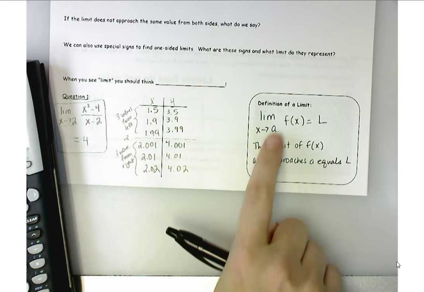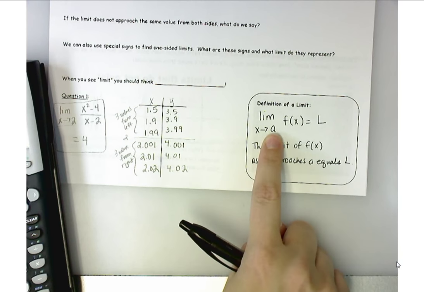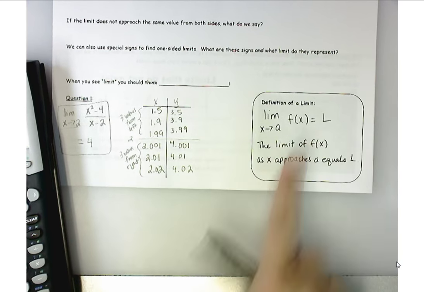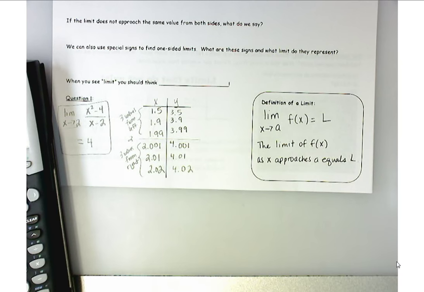Okay, so a is going to be just different values, and then the L is going to be your limit. F of x is going to be your function.